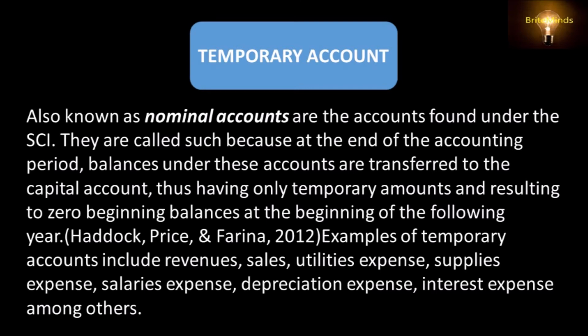While the accounts found in the statement of financial position, if you remember, are called permanent or real accounts, because real accounts are carried on to the next accounting period, while the temporary or nominal accounts are transferred to the capital account, resulting in zero beginning balances at the beginning of the following year.